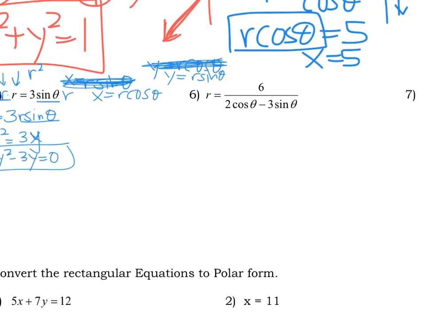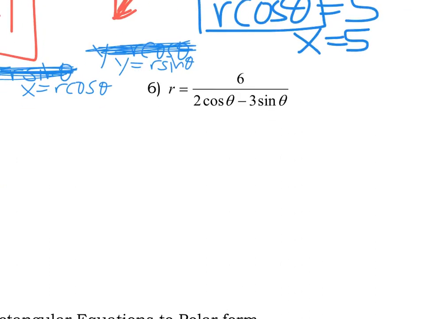All right. Let's go over here to number 6. This looks super complicated, like really bad. But it's not going to be too bad. When I look at something like this, it's pretty complicated. I want to go ahead and cross multiply. So when I cross multiply, I get 2r cosine theta minus 3r sine theta.